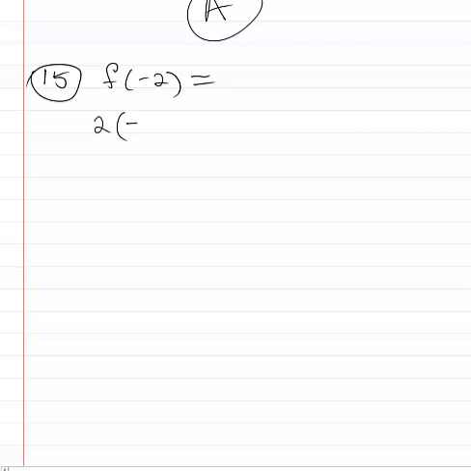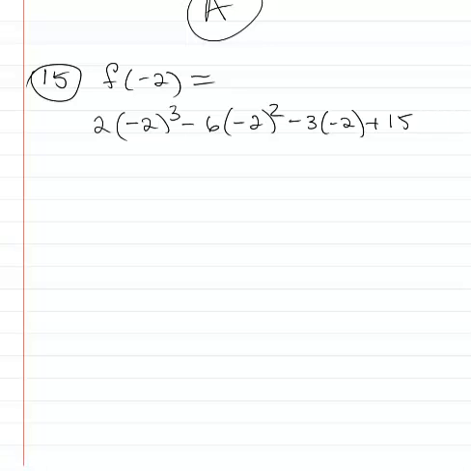Otherwise, you're going to make silly errors. So we got minus 2 cubed minus 6 minus 2 squared minus 3 times minus 2 plus 15. Now, this is not an arithmetic class, so I'm not going to waste time going through all of the signed numbers.